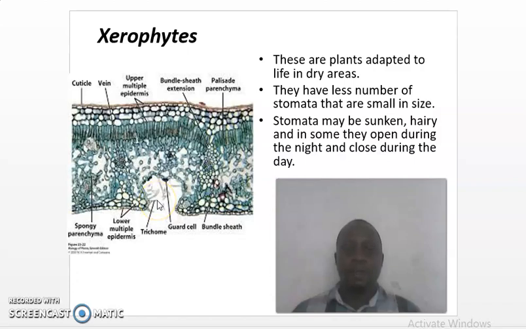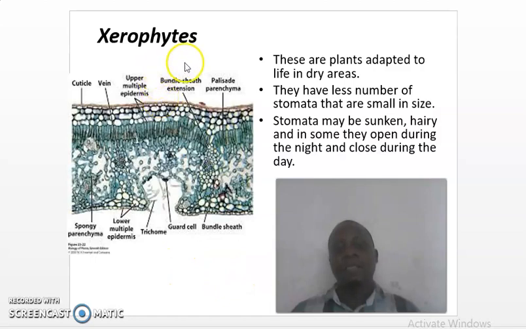Okay? And some stomata open during the night and close during the day to minimize transpiration. All these features are to minimize transpiration. Stomata may be sunken. If the stomata are sunken in a pit, it means the air in this particular pit will be saturated with water vapor, hence preventing excess water from diffusing out, therefore preventing excessive transpiration.